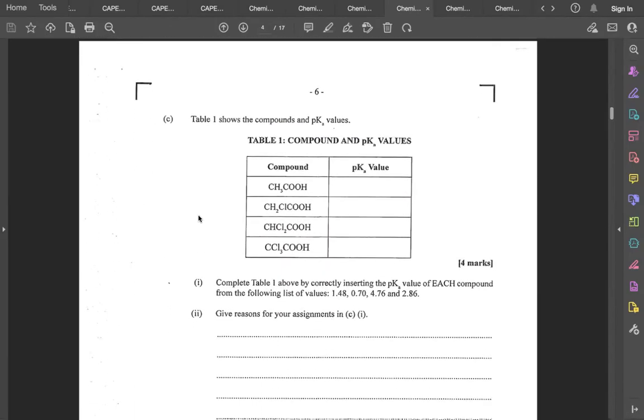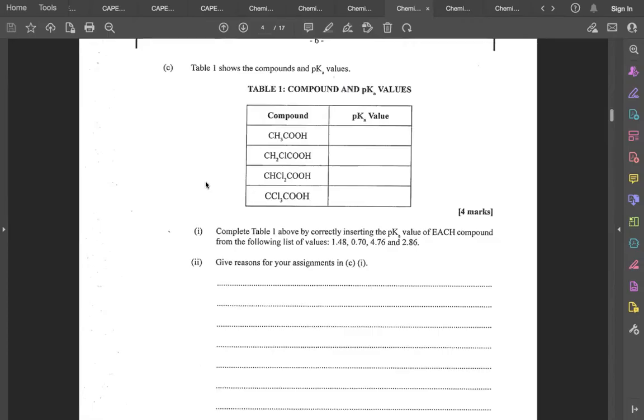All right. So we have our table 1 here, and table 1 shows the compounds and their pKa values, or we should fill in the blanks with their pKa values, right? And what we have here, guys, is just your regular ethanoic acid, and then we start to substitute out the hydrogens with chlorine.